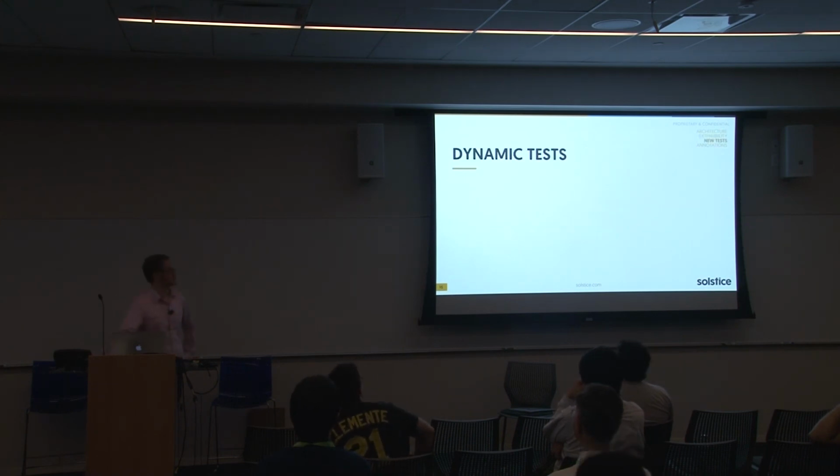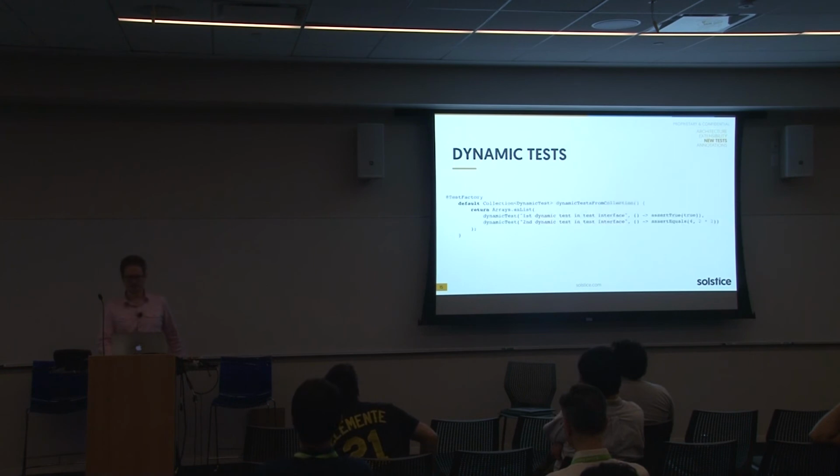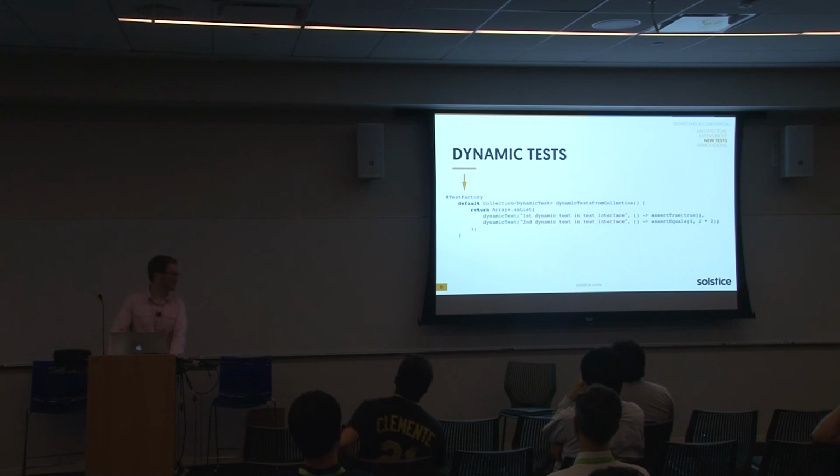Outside of just changes to extensibility, there's also a bunch of new tests. So there's dynamic tests. While most of the time your tests are going to be static or known at compile time, there are situations where you might want to dynamically create tests at runtime. And you can do that with dynamic tests. There's this @TestFactory that you need to mark your test method with.